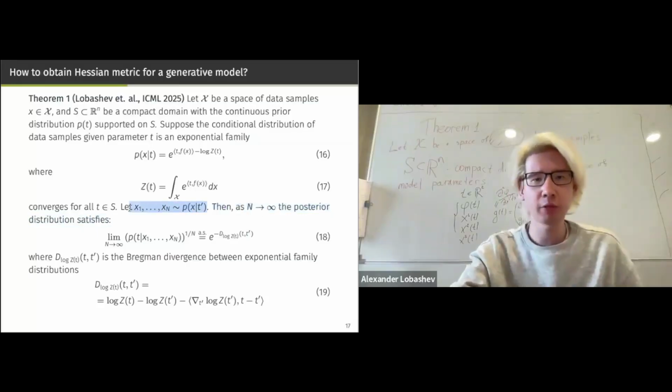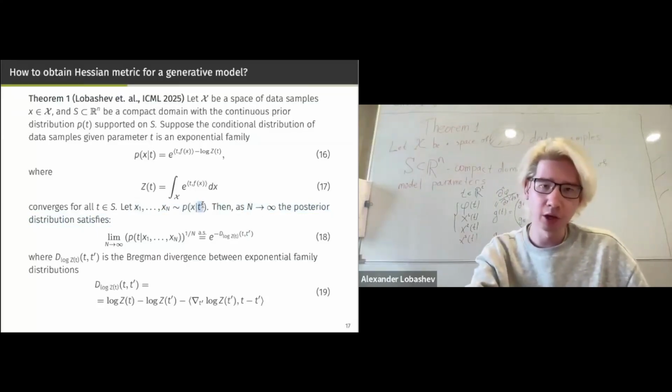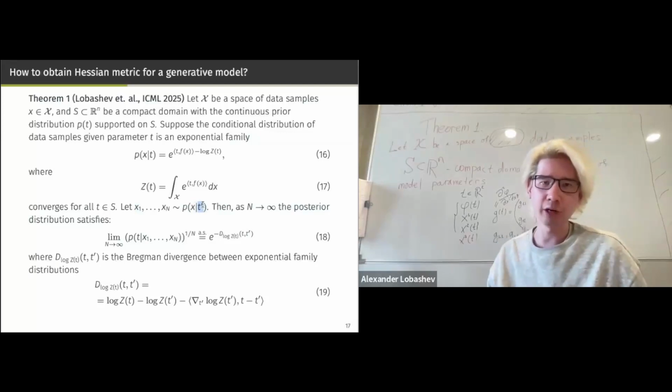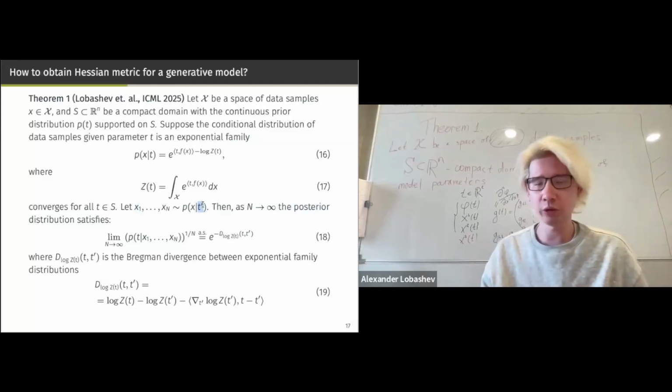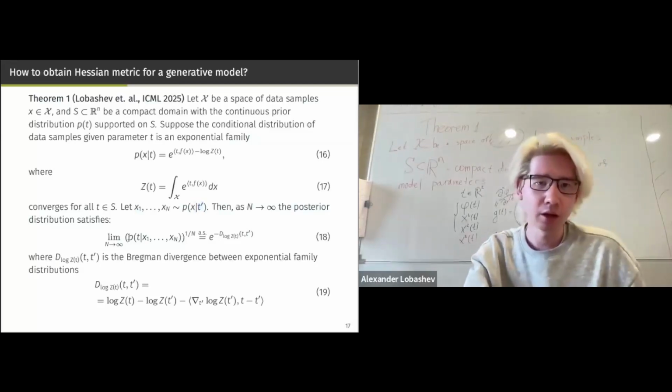So we assume that from the start, we have some ground truth value of parameters, and we want to estimate it. And then we train a model to estimate the samples based on parameters.